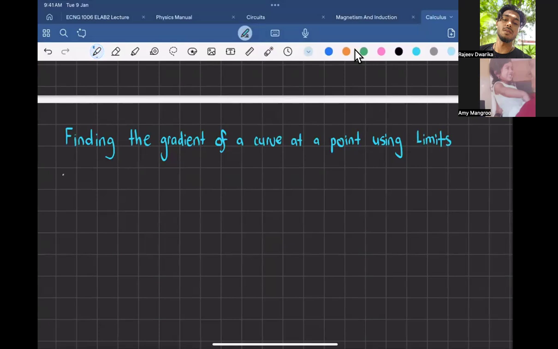And this is the intuitive approach. All right, so you can copy that down.